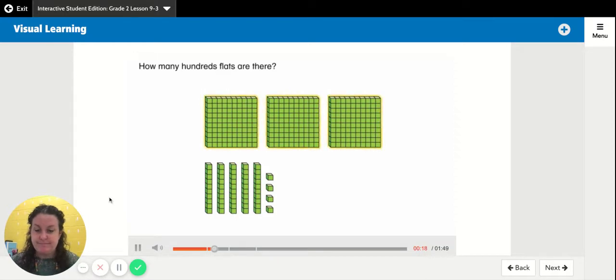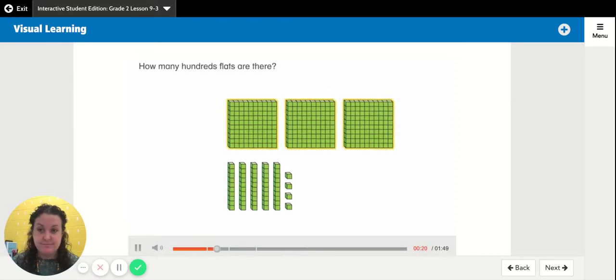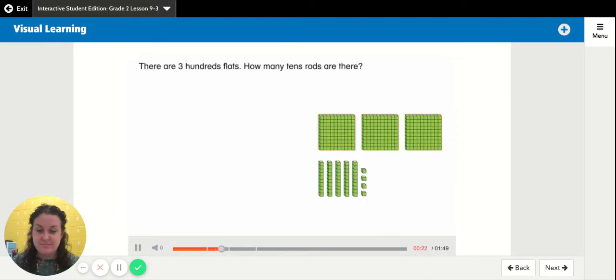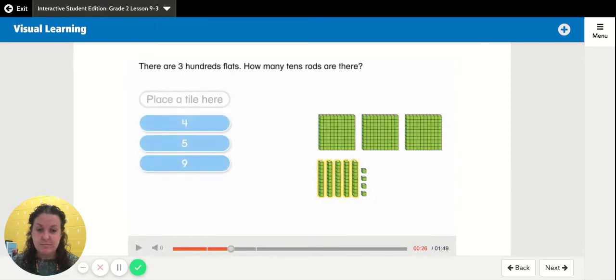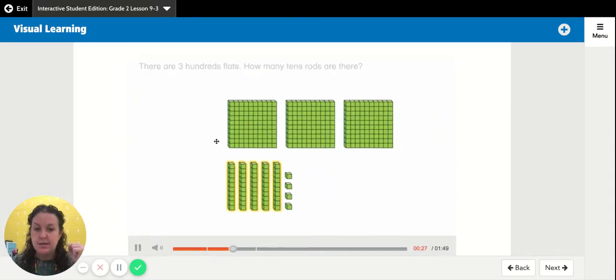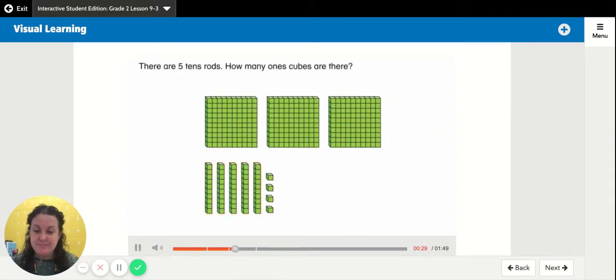How many hundreds flats are there? There are 3 hundreds flats. How many tens rods are there? Select your answer. 1, 2, 3, 4, 5. There are 5 tens rods.